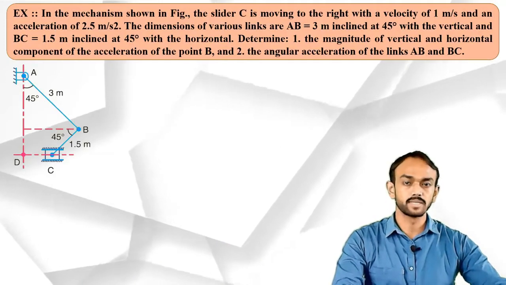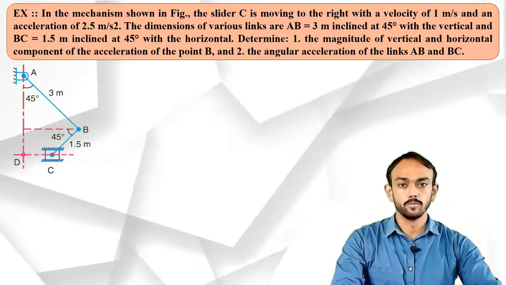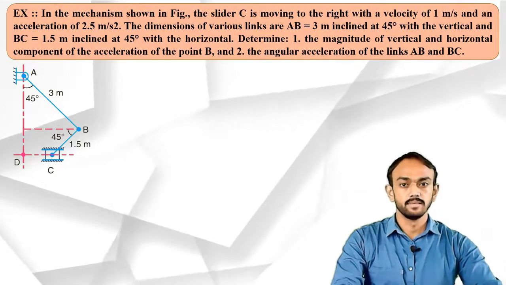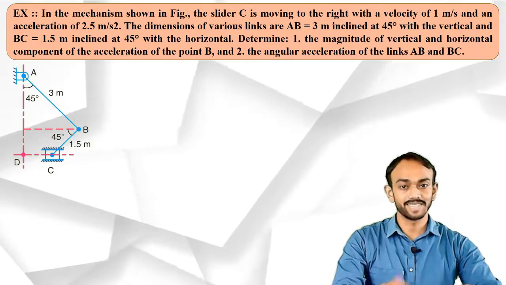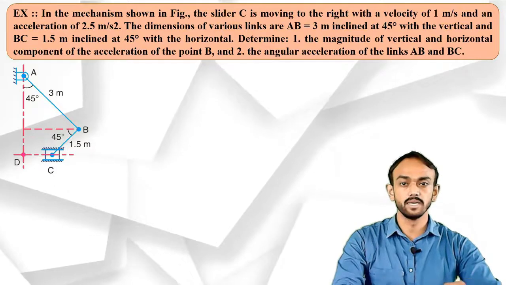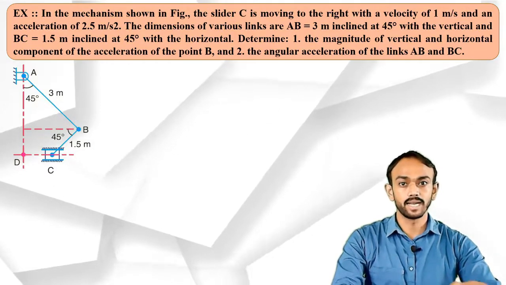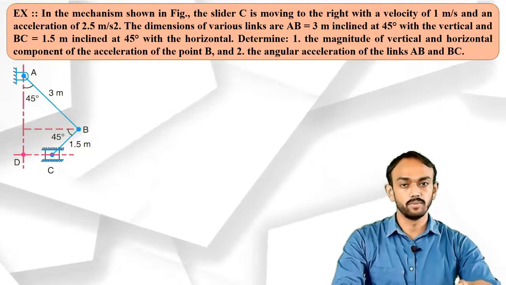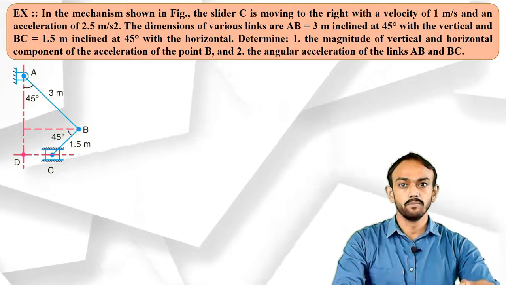So you can see on the screen the given data for a mechanism as shown in the figure. A figure is given in this example, so we just have to consider the scale and draw the same figure in a space diagram. Slider C is moving right with a velocity of 1 meter per second and an acceleration of 2.5 meter per second square.